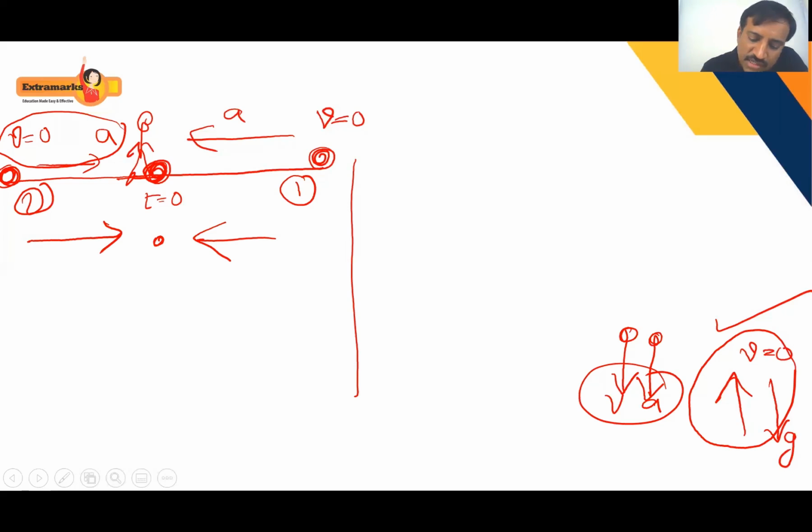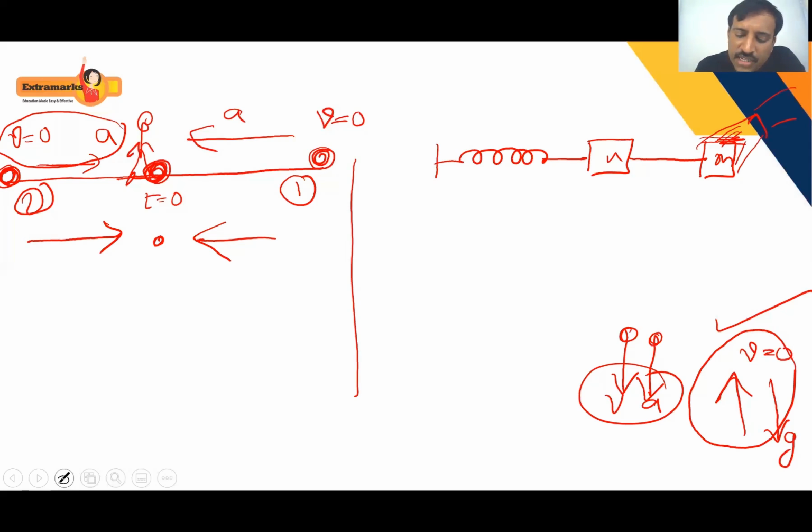In the same sense, you can see here, if I take the spring block system, and if I pull the block of mass m till here, with the help of hand somebody is pulling, then there is extension in the spring.